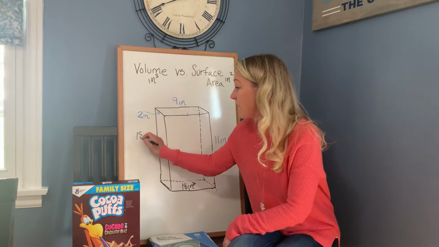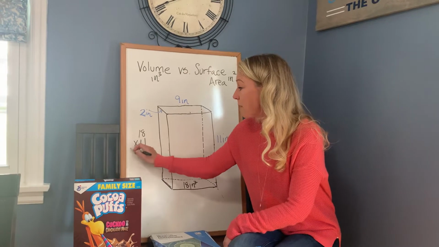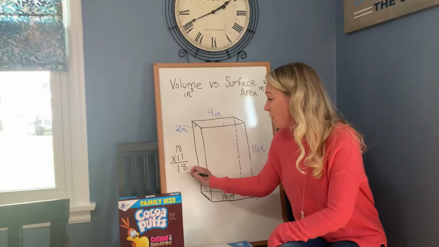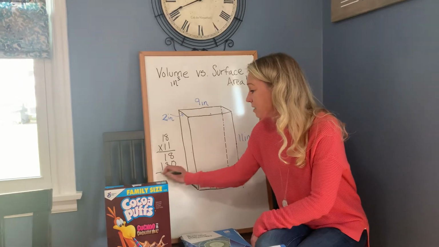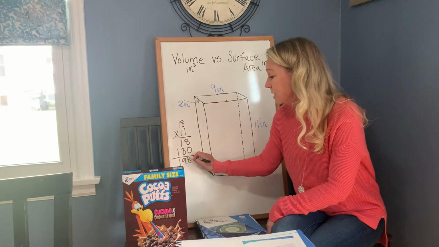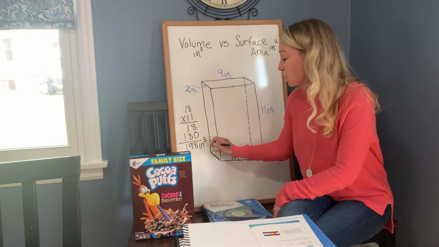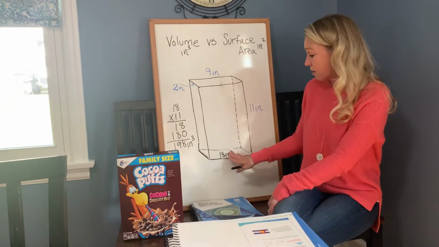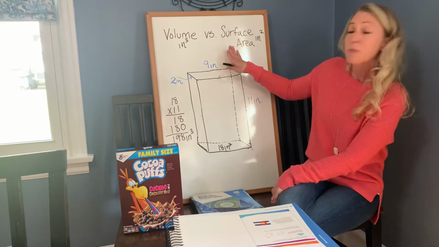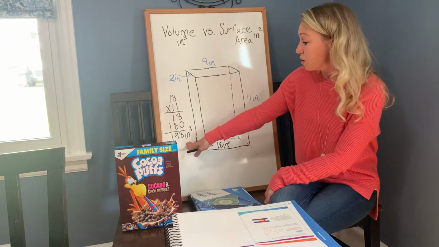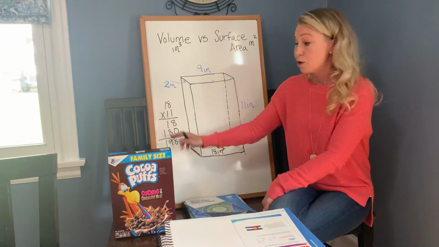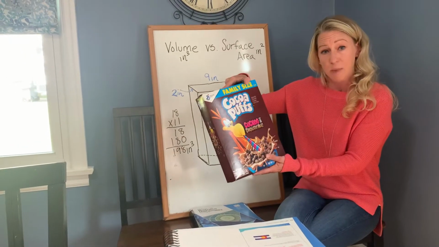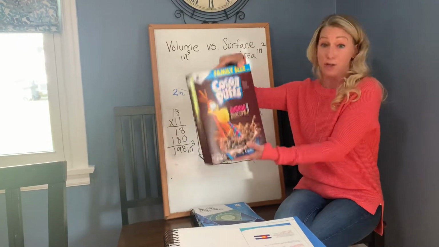When you take 18 and multiply it by 11, you get 198 inches cubed. Remember cubed, because area is squared, but I multiply by the height and I get my volume, which is inches cubed. So the volume of this box is 198 inches cubed.